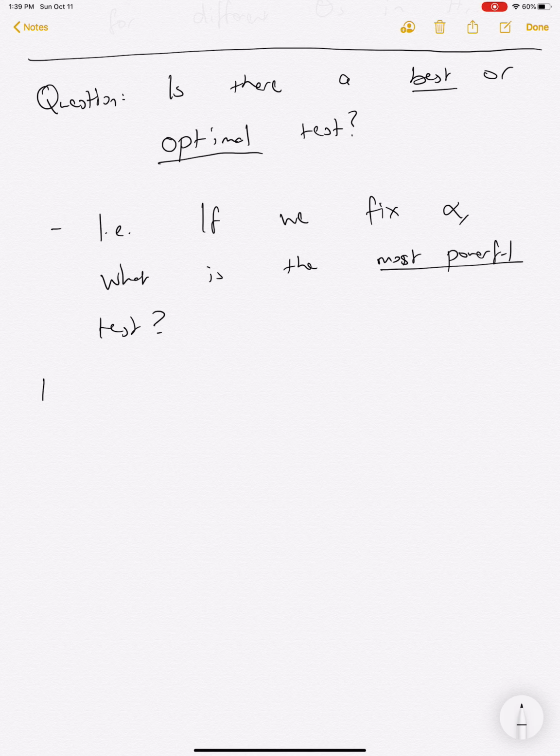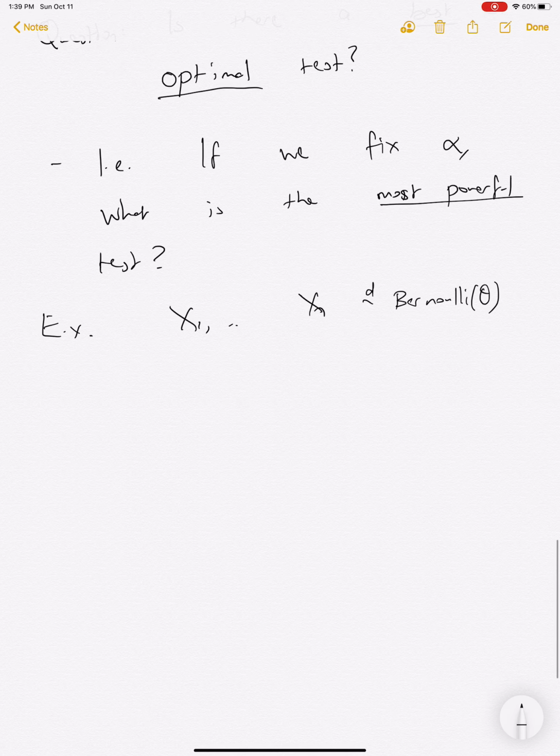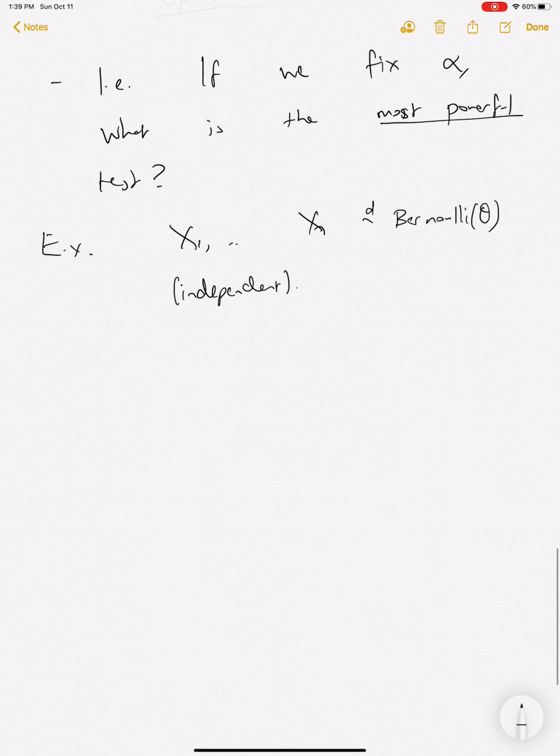So for example, this was the voting example. If x1 through to xn were independent Bernoulli theta, we had a test where H0 was theta equals theta 0 and H1 was theta bigger than theta 0.